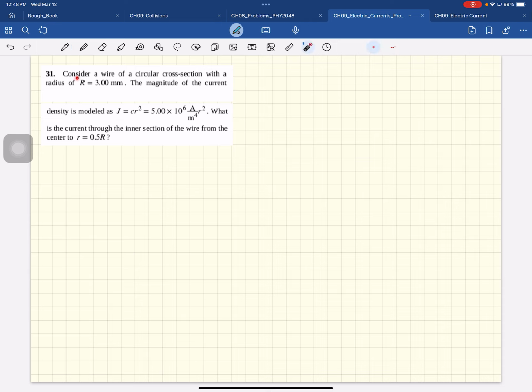Okay, so this says consider a wire of circular cross-section with a radius of 3 millimeters. So it's a fairly thick wire, about that thick. The magnitude of the current density is CR squared. Let's say here's the cross section of the wire, and the current is coming out of the sheet.